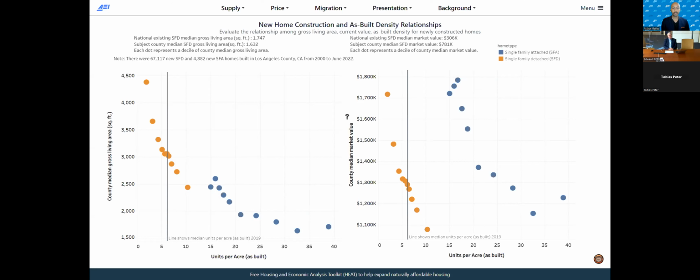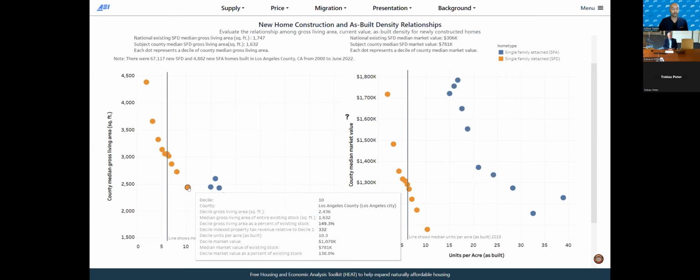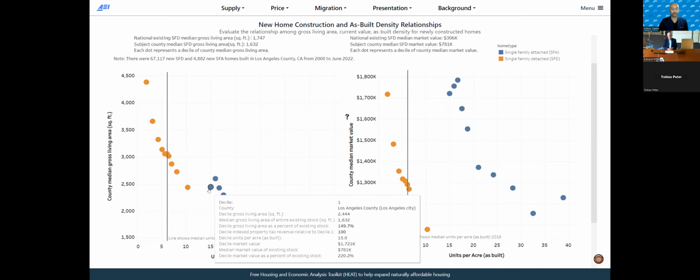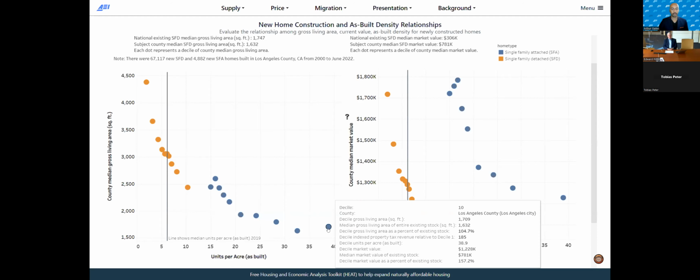And we see here in Los Angeles, again on the left panel, the top decile is up around 4,500 square feet, and the 10th decile is down at around 2,400, 2,500 square feet. Huge difference just in gross living area. You see a similar pattern for single-family attached, the blue dots, about 2,500 square feet down to about 1,600 square feet.